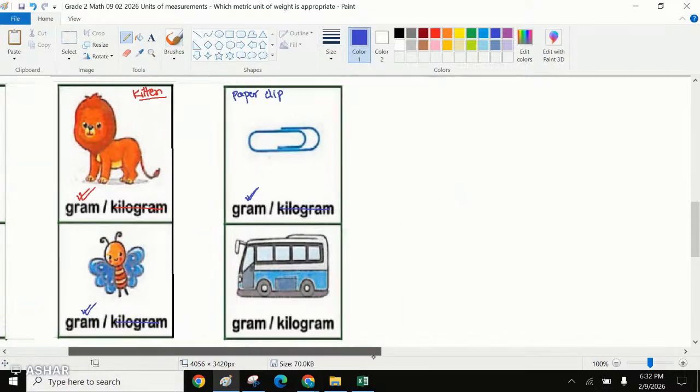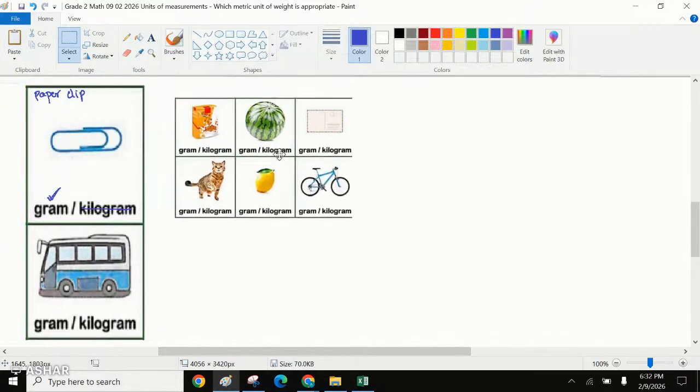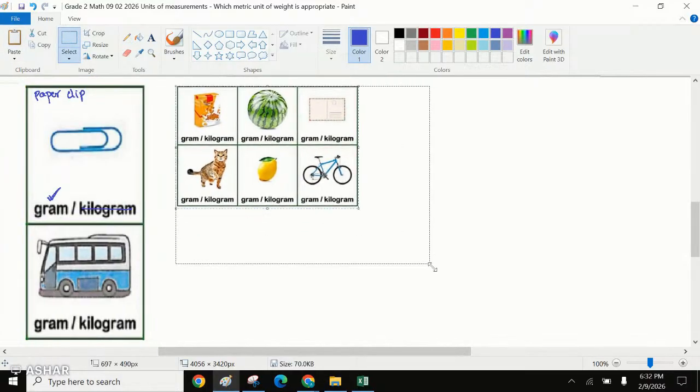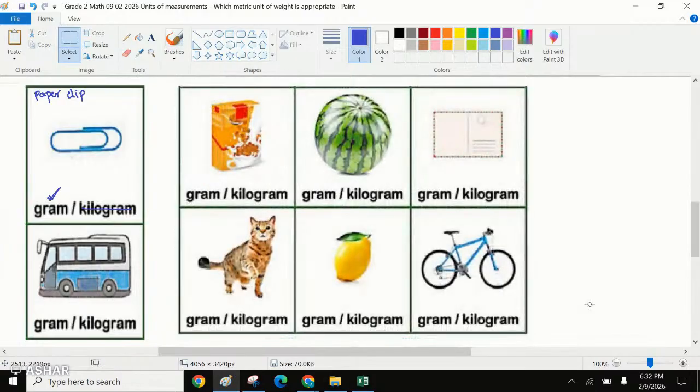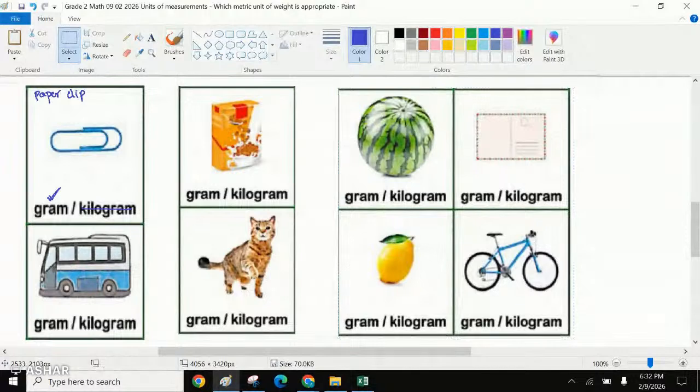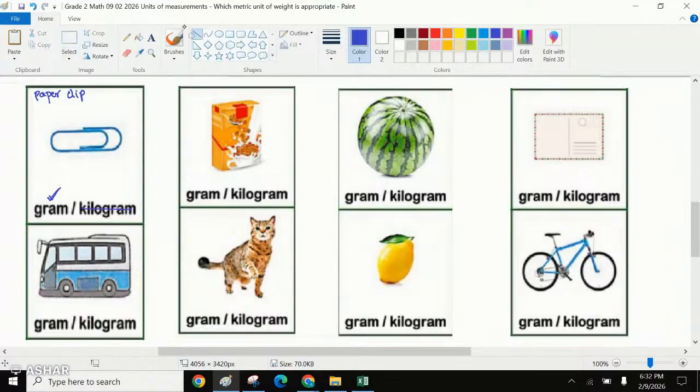Bus. How heavy can a bus be? The weight of the bus can be. Yes, the bus cannot be in grams, right? It has to be kilograms. A box of cereal.